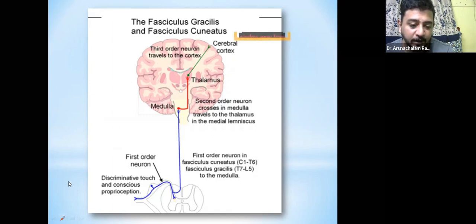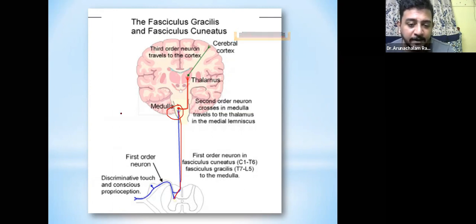In the medulla, you have to note one thing, that this does not cross. As soon as it enters into the gray column of the posterior horn cells, it goes to the white column on the same side and it ascends upwards on the same side. It does not cross. It goes to the medulla, particularly the lower medulla.